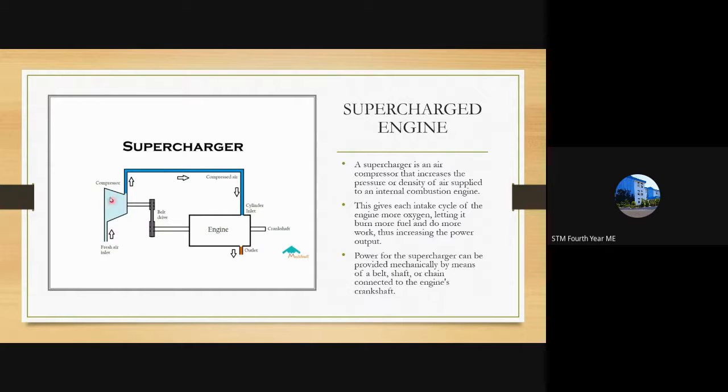Okay, when a greater volume of air is supplied into the cylinder, we will get much cleaner combustion and also more power. More power will be generated. For that purpose, a supercharger is used. So you can see the effects of a supercharger when you drive a supercharged vehicle.